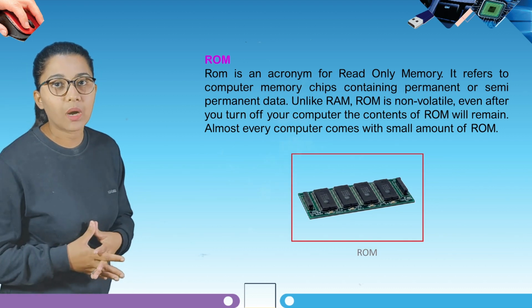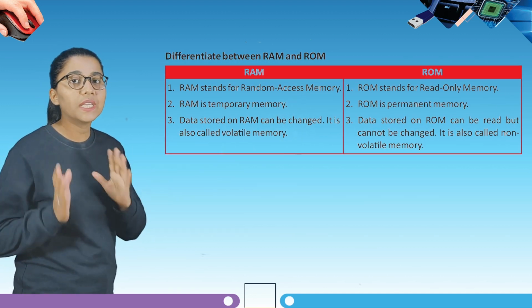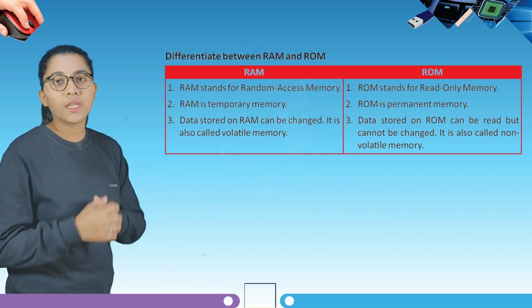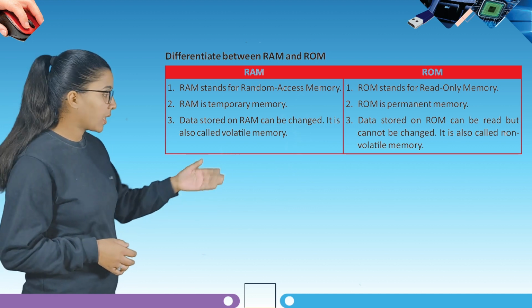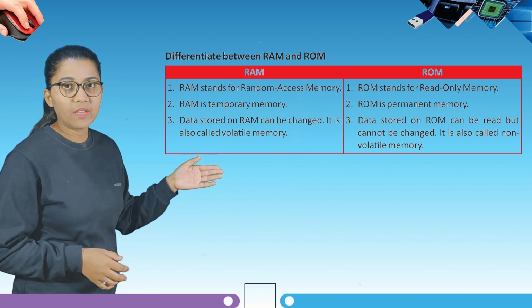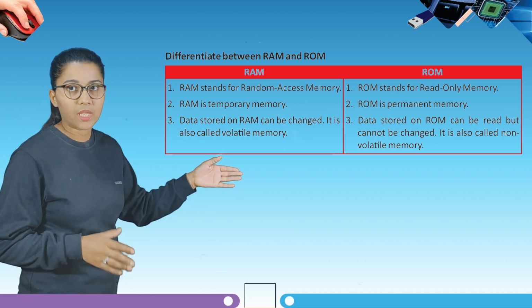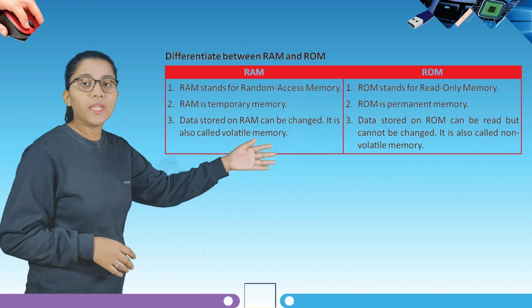Now let's learn to differentiate between RAM and ROM. What are the differences between RAM and ROM? Let's learn about it in detail. Now students, here you can see the difference between RAM and ROM. So first, RAM stands for random access memory, whereas ROM stands for read-only memory.